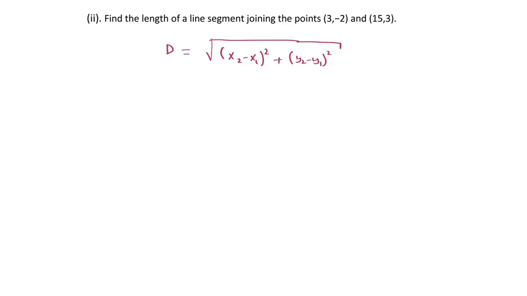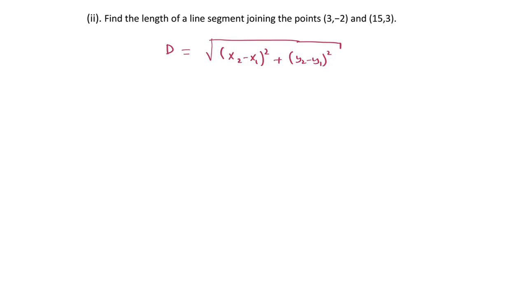Okay, so we have the values for x1 and y1 which equal 3, negative 2, and we have the values for x2 and y2 which equal 15, 3. Let us now substitute these values into our equation.